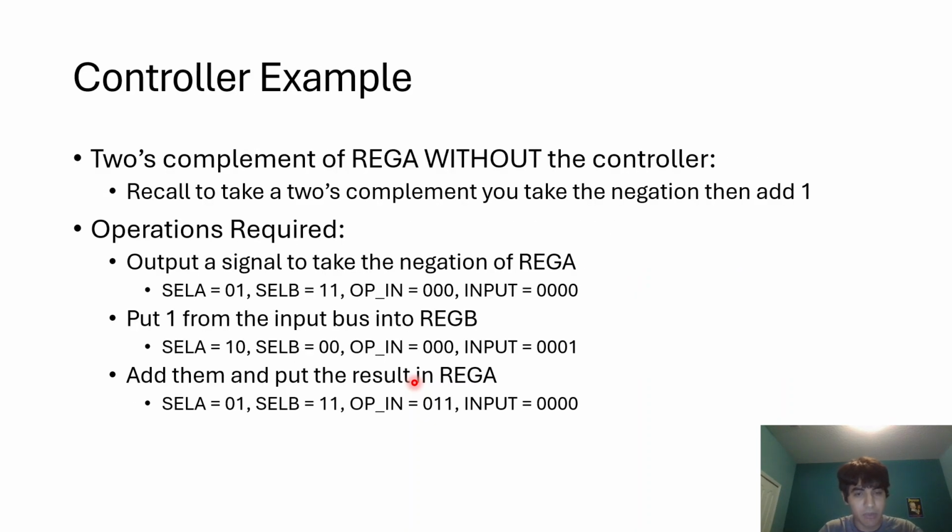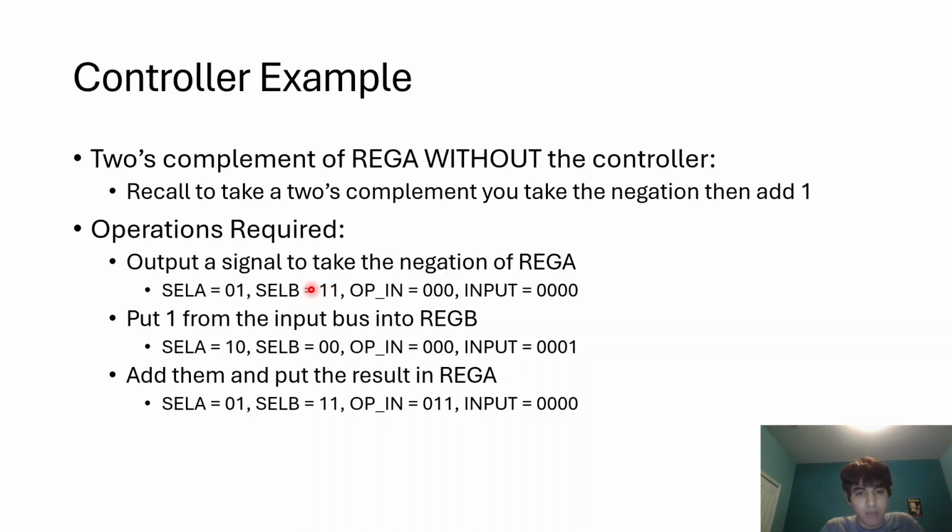So here's an example of the controller. If you wanted to take the 2's complement of register A without the controller, just remember to take the 2's complement of a number, you negate it and then add 1. You would need a first output signal to take the negation of register A, then put it in register A. Remember that 0, 1 will take the output from the ALU, which in this case 0, 0, 0 is negation.